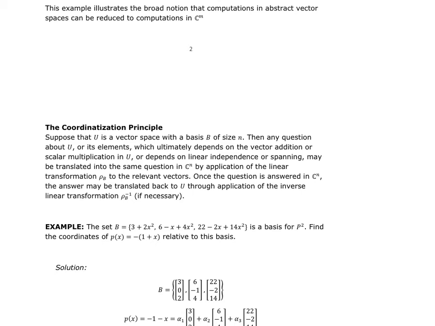And once the question is answered in our complex space of size n, then the answers can be translated back to U, that vector space. Sometimes we may have to use the inverse linear transformation, and we know rho, by the theorems and the definitions, is an isomorphism. So we know it's a bijection, and we can go forward and backwards with our function rho.